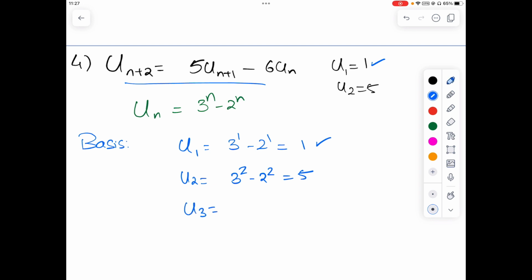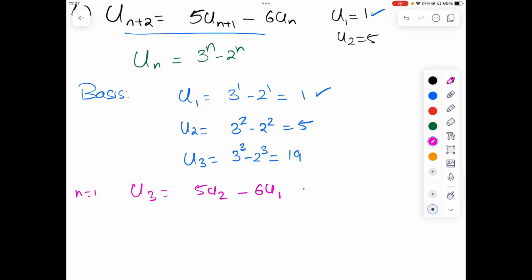So in this formula also you have to find up to u3, which is 3 cube minus 2 cube, which is 19. Now use the recursive formula to get u3, which is 5u2 minus 6u1, which is 5 times 5 minus 6 times 1, which is 25 minus 6, 19. Therefore it is true for n equals 1, n equals 2, and n equals 3.